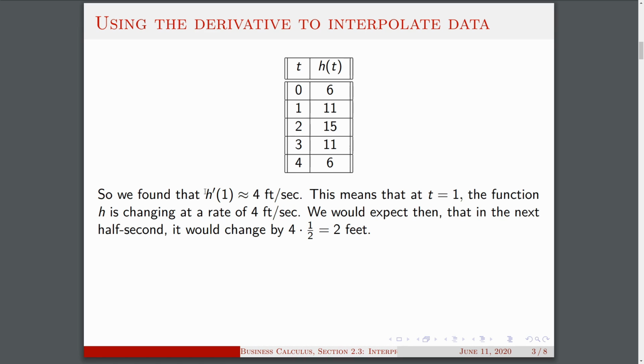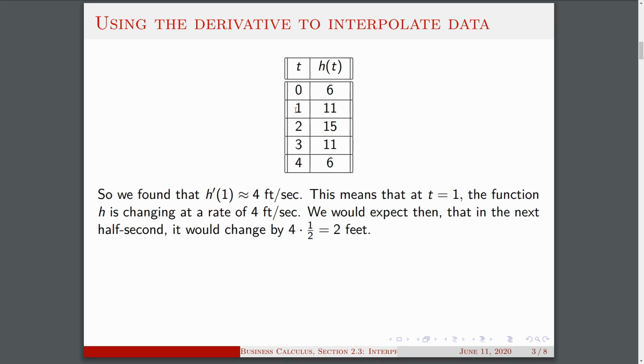We found before that h prime of 1, we estimated that to be 4 feet per second. So let's remind ourselves what this is saying. Each second, the height function is increasing by 4 feet at this point, on average.